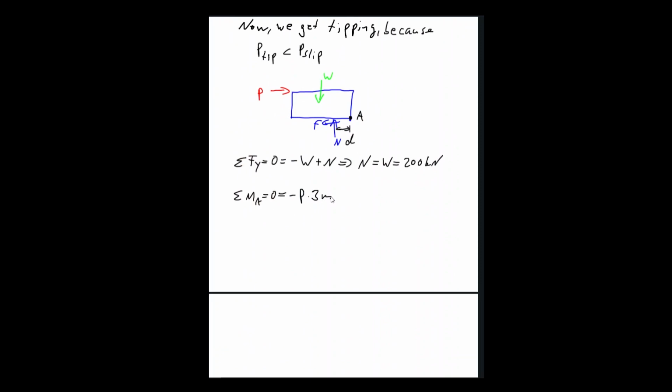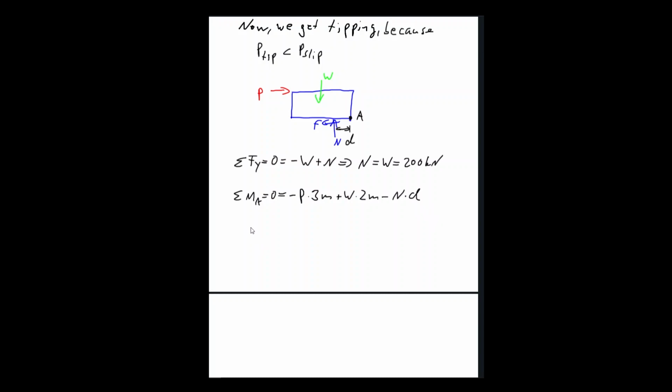Times 3 meters. Then we have W. W is going counterclockwise, so plus W times 1/2 of the width, so we'll just say 2 meters. And then we'd have minus N, because it's going clockwise, times D.